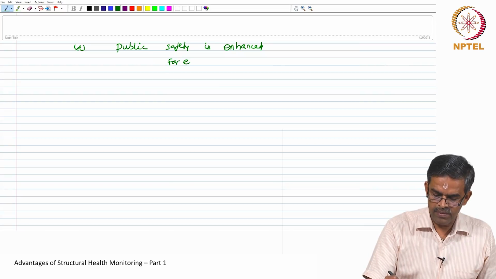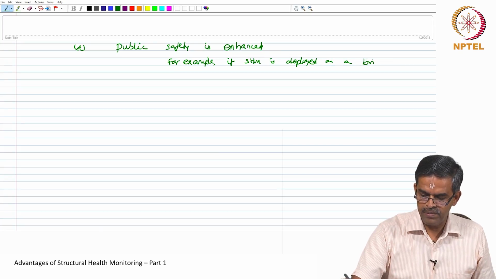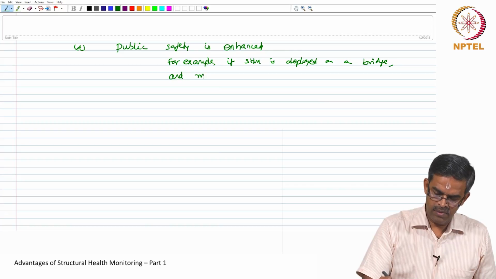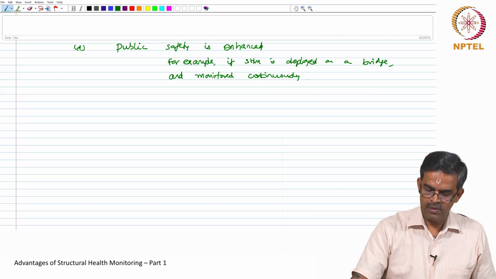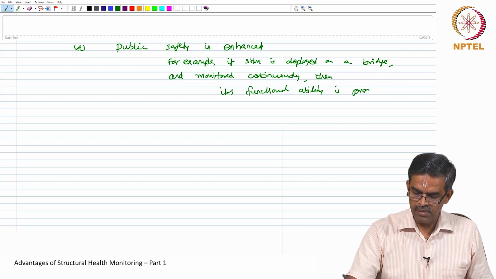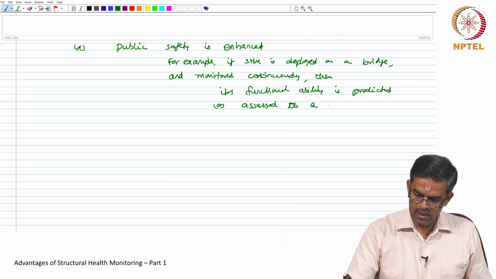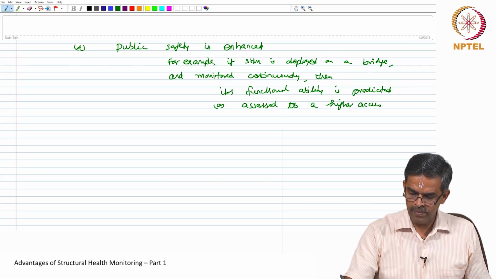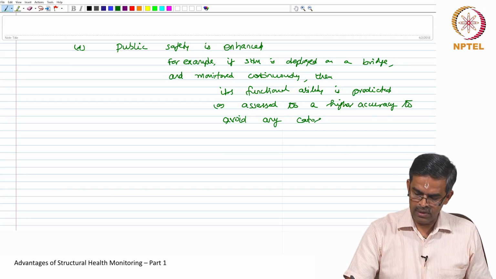For example, if SHM is deployed on a bridge and monitored continuously, then its functional ability is predicted or assessed to a higher accuracy to avoid any catastrophic failure.